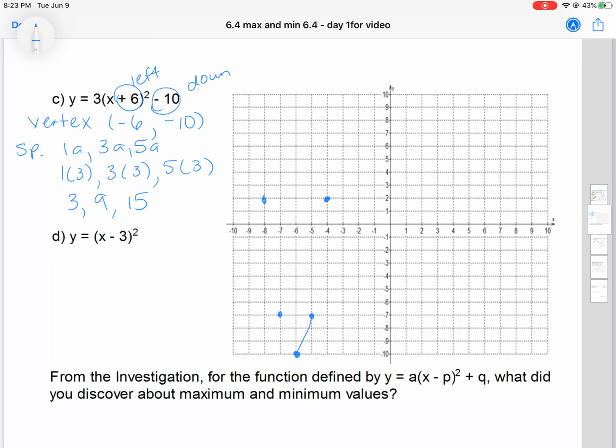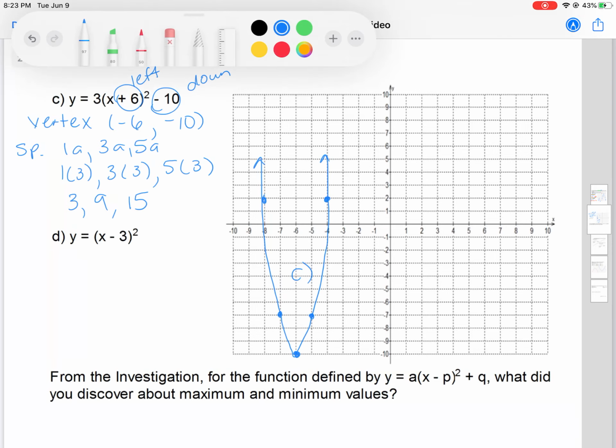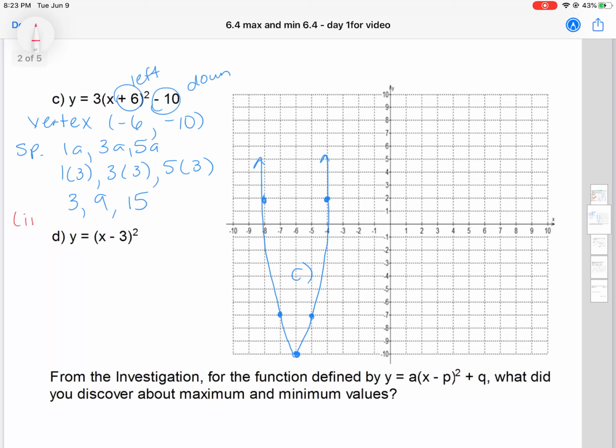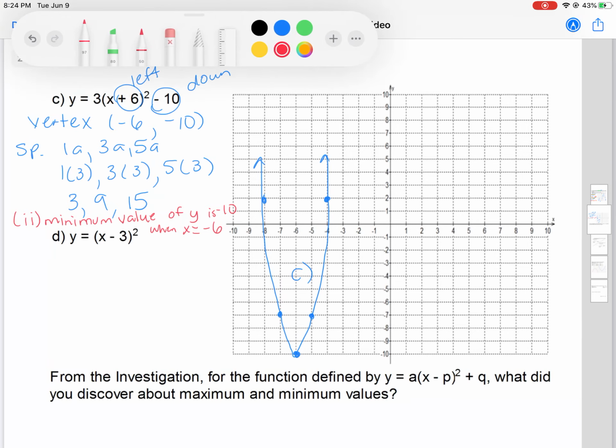So there's no way we're going to get 15 on there. So let's do parabola C. This time we have a minimum value of y is -10 when x is -6.